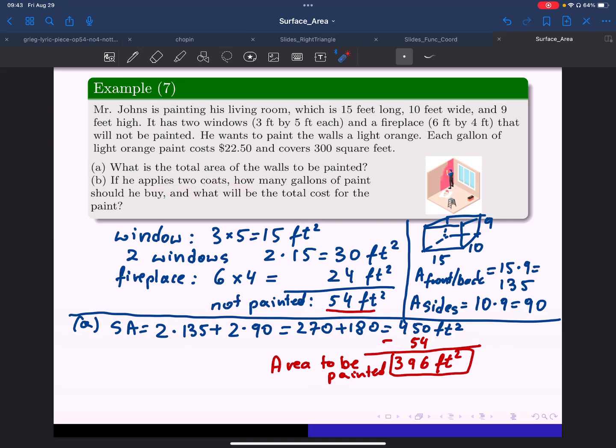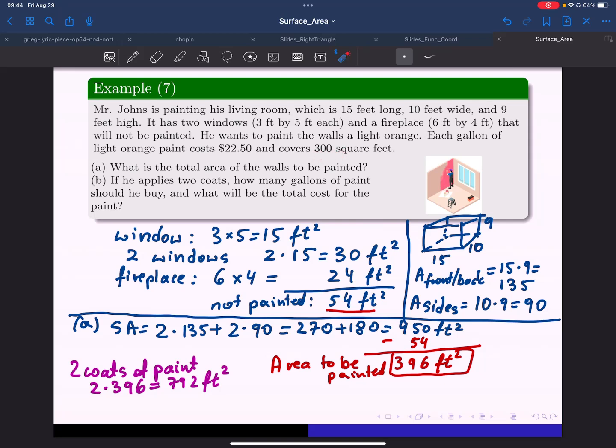Mr. Jones wants to apply 2 coats of paint, so we need to calculate 2 coats now. 2 coats of paint would be 2 times 396, which is 792 feet square. So that's the total area. Now, one can covers 300 square feet.